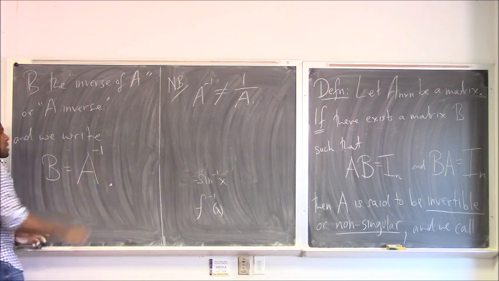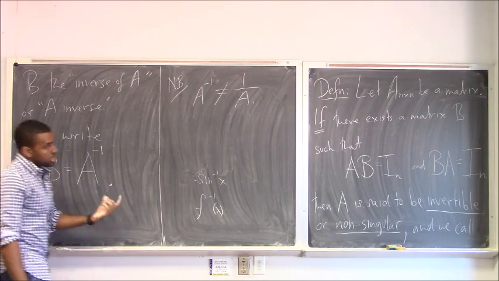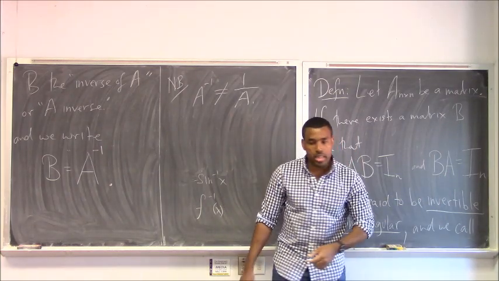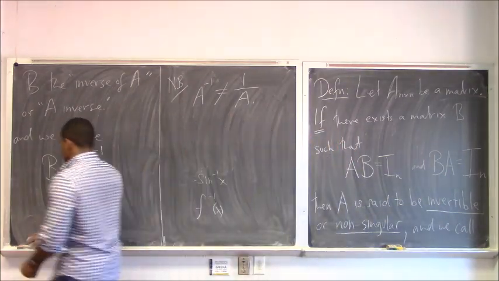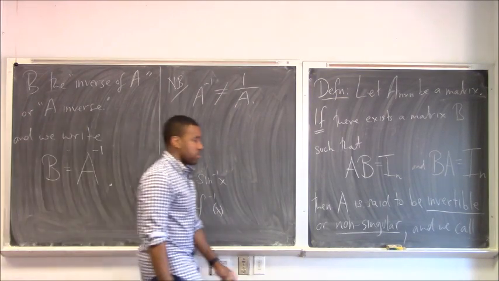So when I write A to the minus 1, it means A inverse. It means it is the matrix such that if I multiply by A on either side, the result will be the identity matrix. And the word inverse comes from the fact that it's the multiplicative inverse, right?